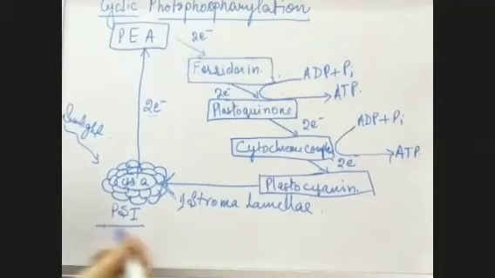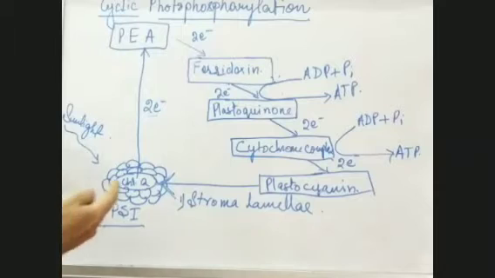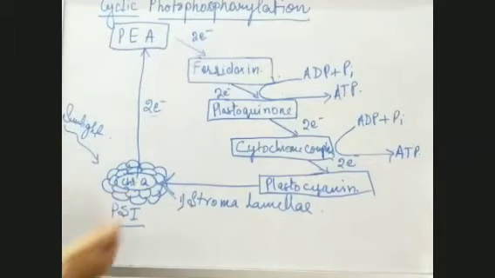Now here, as I told you yesterday, photolysis of water was taking place in PS2. But here you see any photolysis of water? No, because there is a continuous supply of electron. So electron from any outer source is not required. So no photolysis of water. At the same time, yesterday when we were doing non-cyclic, we studied that the protons produced were used for the formation of NADPH2.